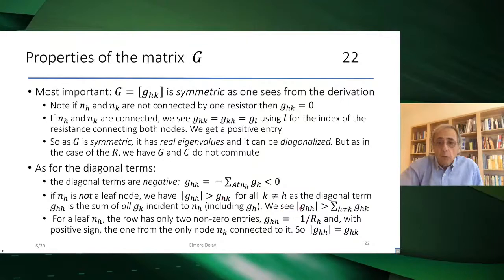So we see that the absolute value of the diagonal is bigger than the ones of the rest of the row. Except in the case that we're at a leaf node, because this is a tree, so we have only one resistance there, so the two are equal, the absolute value is equal to that connecting node. So symmetric matrix, it has n real eigenvalues, can be diagonalized, it has some dominance characteristics, no commutation here again.